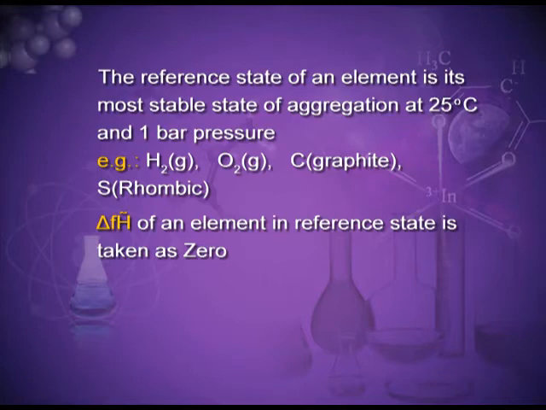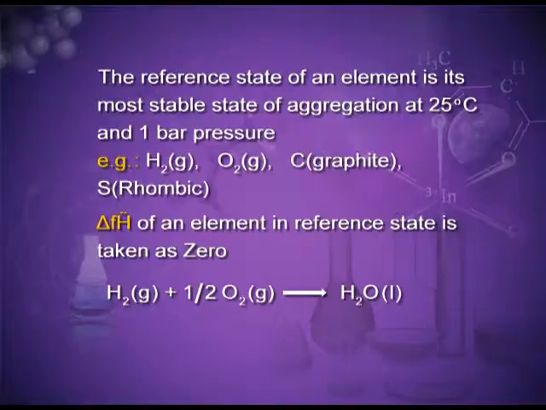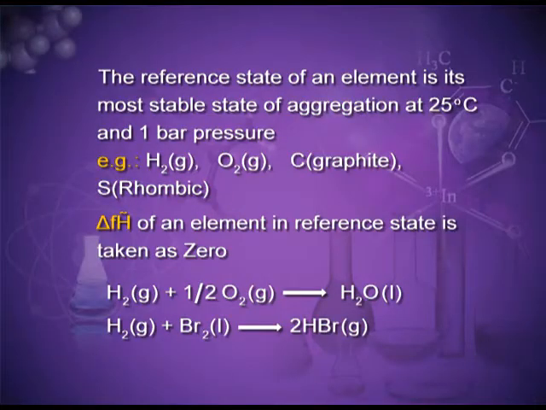Now, I am taking 2 examples. H2 in the gaseous state plus half O2 in the gaseous state gives 1 mole of water in the liquid state. We must mention the states because these are the reference and the standard states. H2 in the gaseous state plus Br2 in the liquid state gives 2 moles of HBr in the gaseous state.